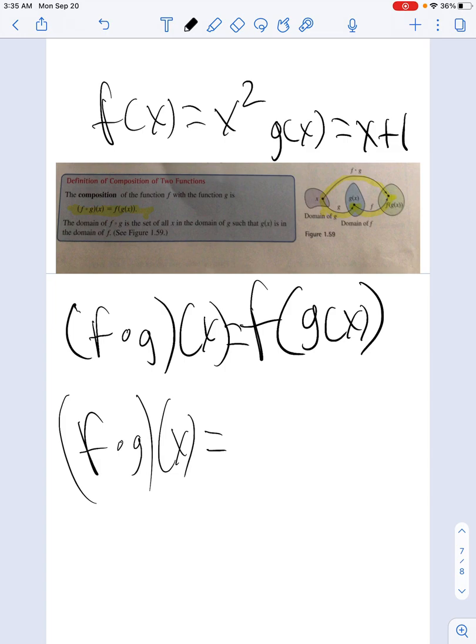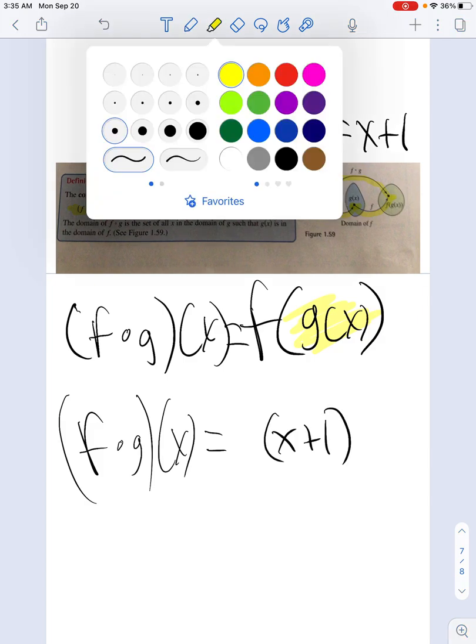Actually, I misspoke there. I'm going to start with my inside function, which is g of x. So my g of x is x plus 1.